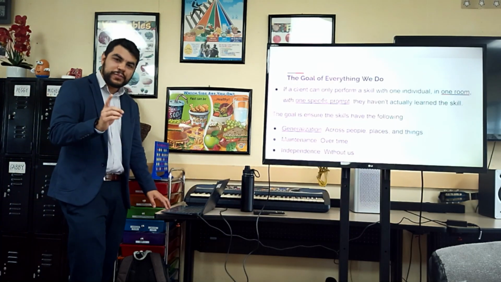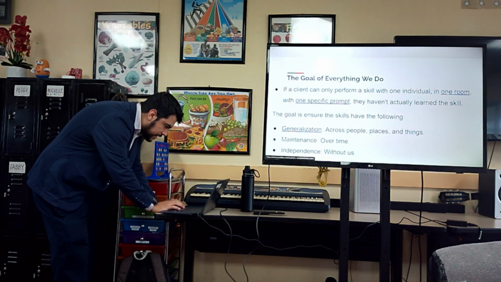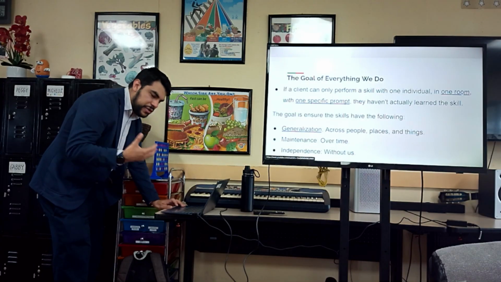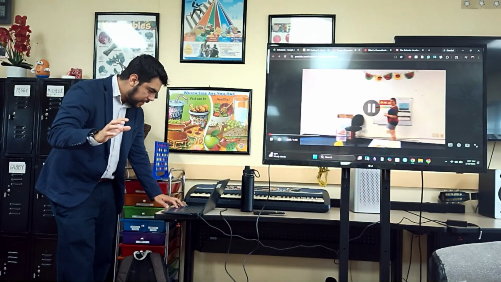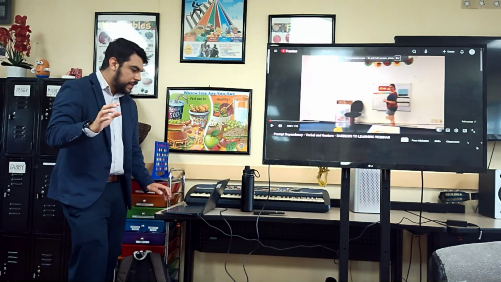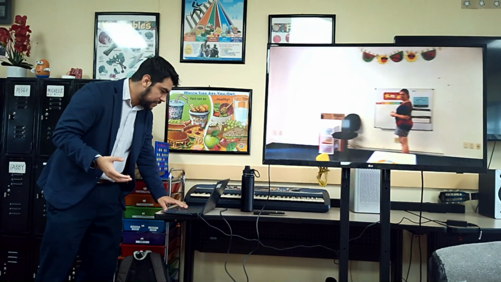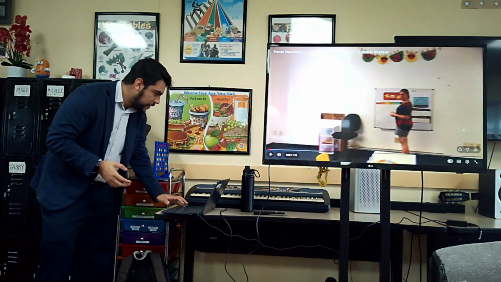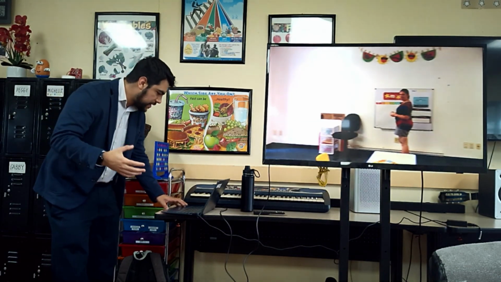Otherwise, if we don't program for that, we could get in situations like this one where there are clients that are so dependent on certain circumstances occurring where unless the stars align, they won't be able to do what it is they need to do. So this is a good example of prompt dependency and how it's a lack of generalization.